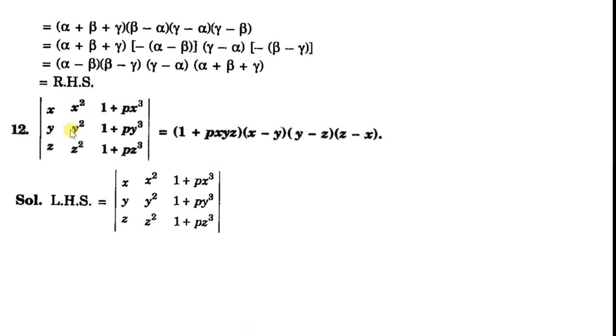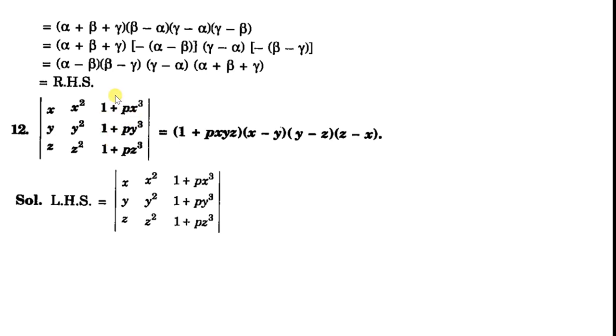The next question is, we have to prove this relationship between this determinant and this expression. Now here in this determinant, this third column can be split into two determinants.